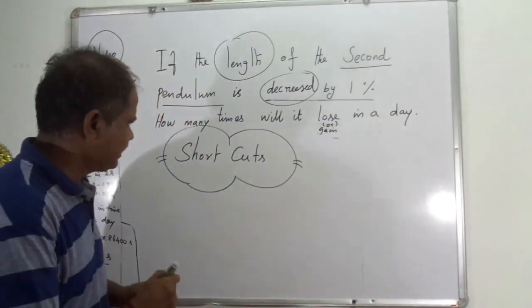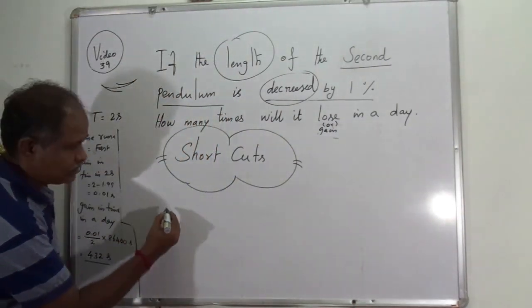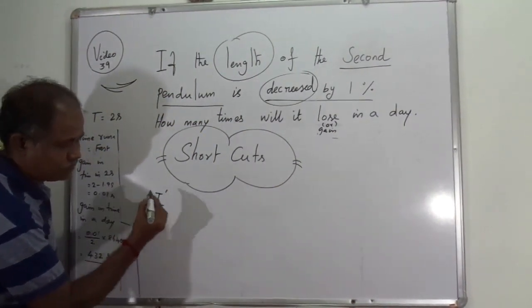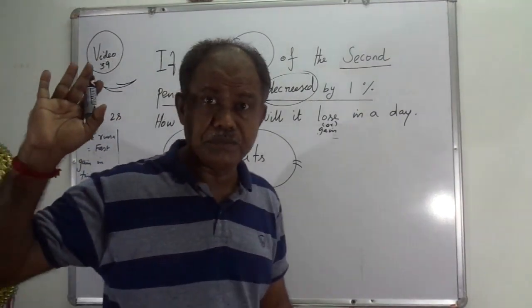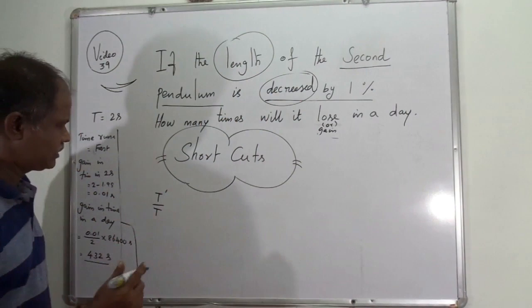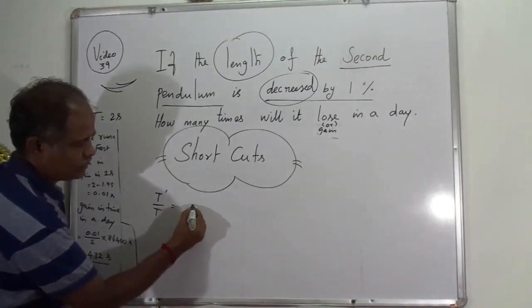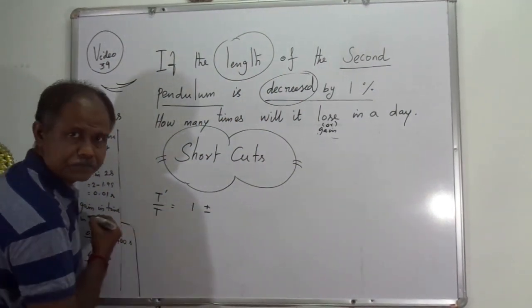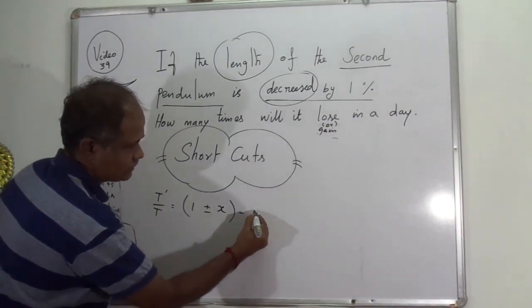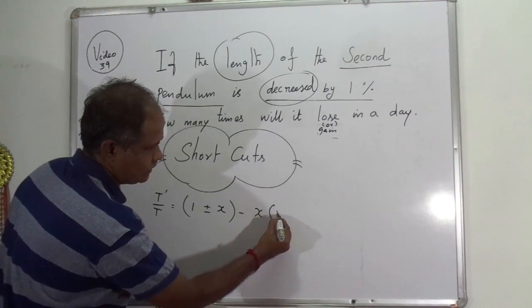I made a formula here. We are going to find T dash by T first. After that, the calculations are the same. T dash by T is equal to 1 plus or minus x into (n minus 1).